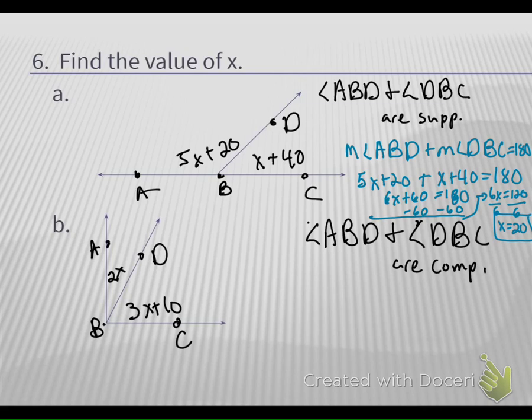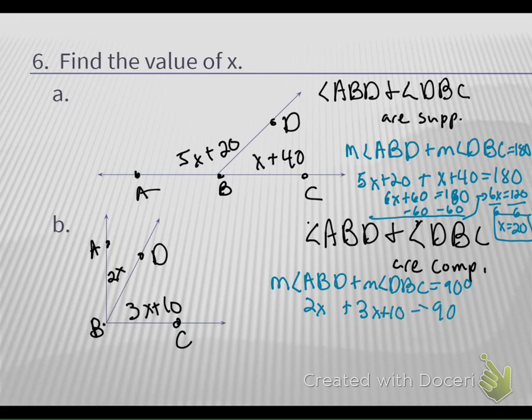Okay, our next one, just so we can have time to finish it. We see that these angles are complementary. So if they're complementary, how much do they add up to? Exactly right. So the measure of angle ABD plus the measure of angle DBC equals 90 degrees. We know the measure of angle ABD. How much is it? Exactly right. How much is DBC? Exactly right. Nice job, guys. Equals 90.